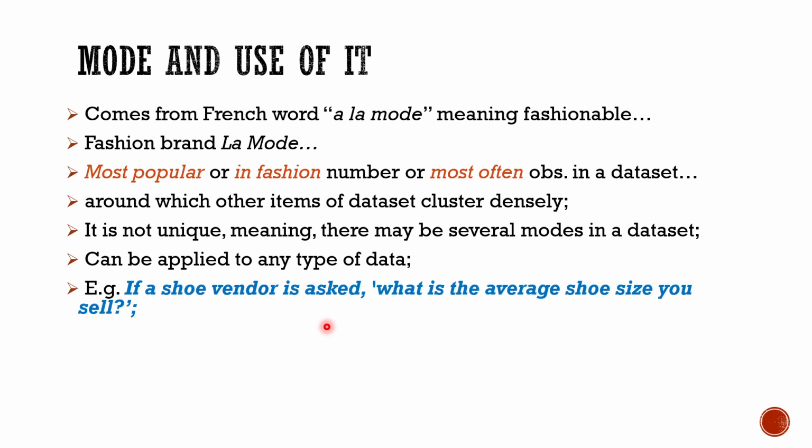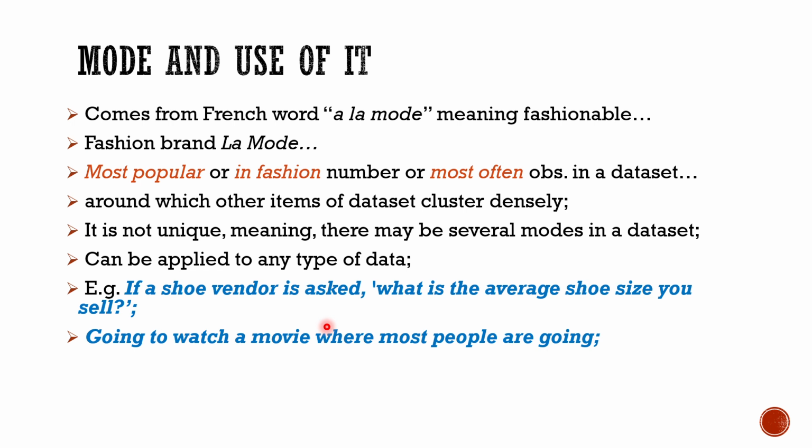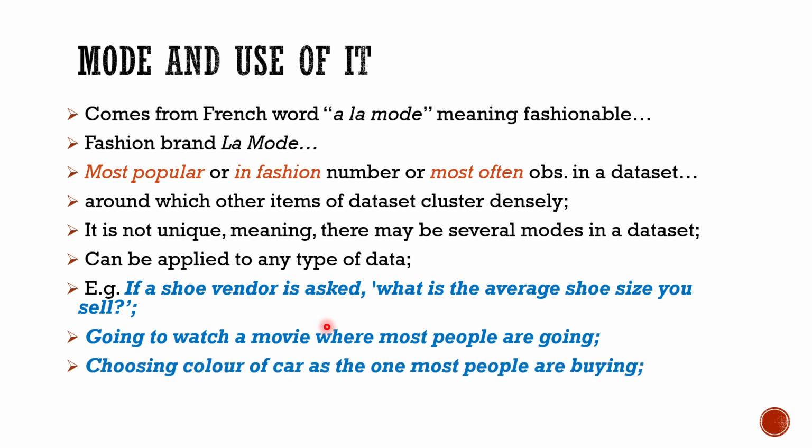For example, if you go and ask a shoe vendor what the average shoe size they sell is, then we are actually talking about mode. If you want to go for a movie and you see where most people are going, that is actually mode. Choosing the color of a car that most people are buying, here too we are talking about mode.